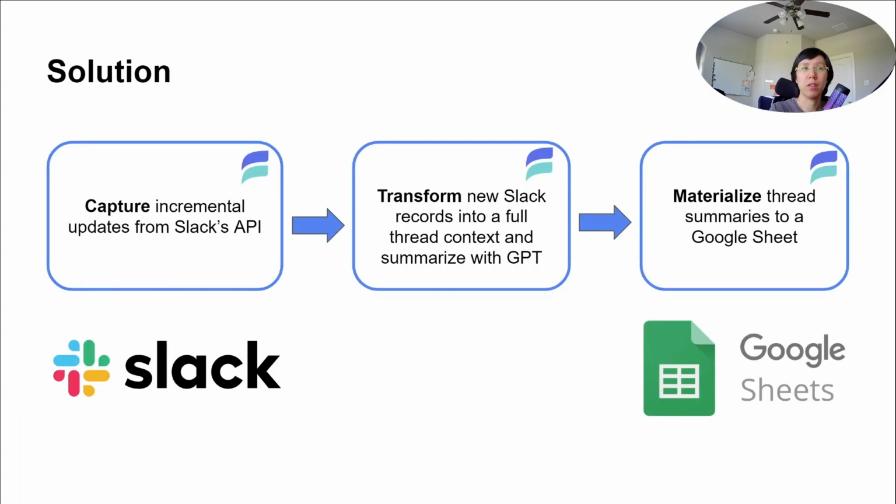Here's the solution. Conversations are happening all the time, and we would like our spreadsheet to update along with them. We can tolerate some latency, but we would like it to be minimal. We will need to perform a meaningful amount of transformation before we can hand off threads to GPT for summarization. At the same time, GPT has practical limitations.